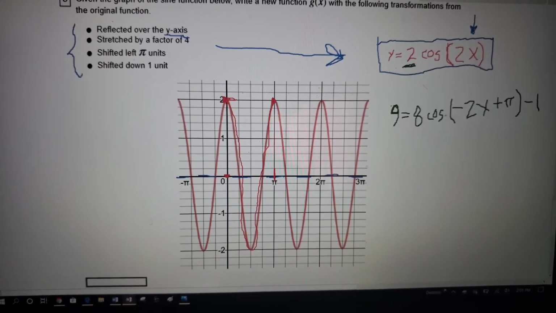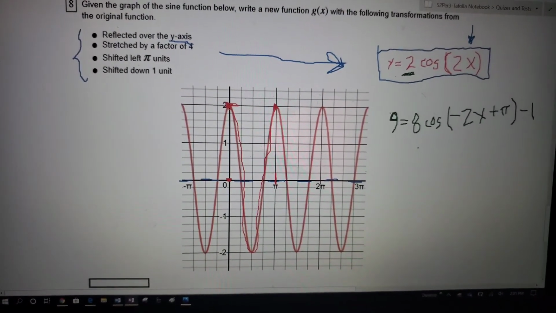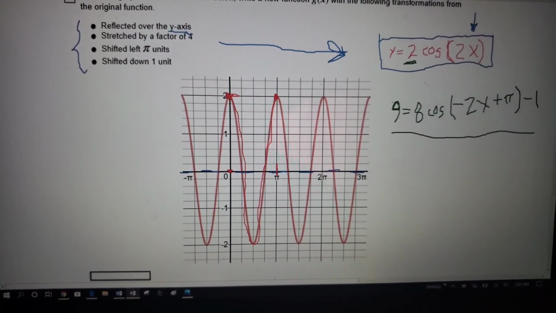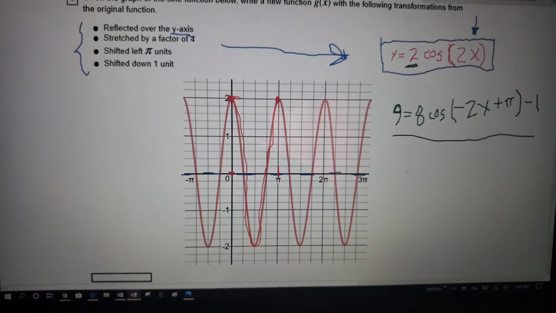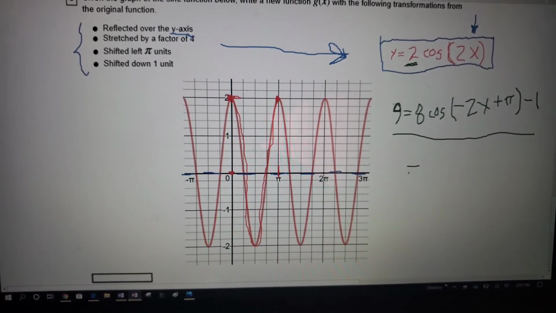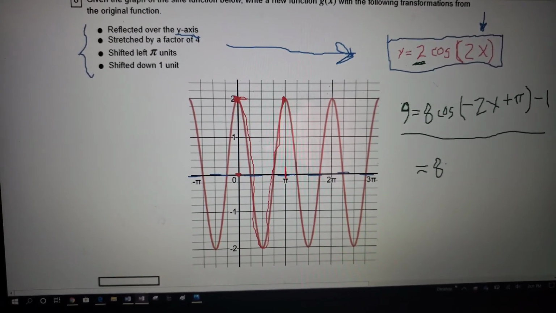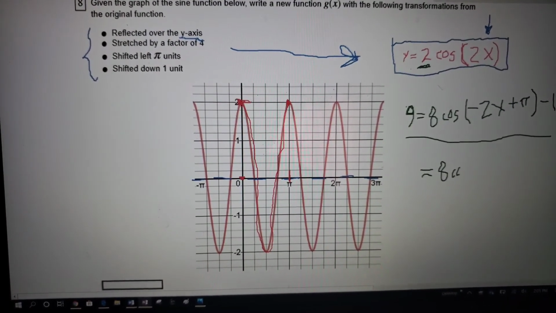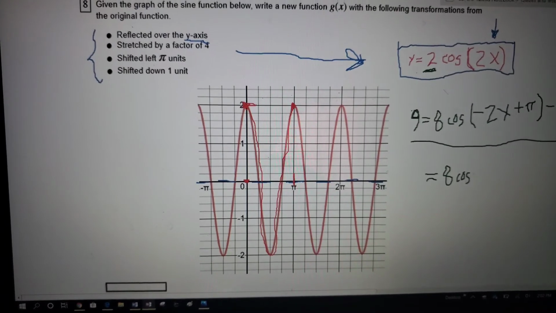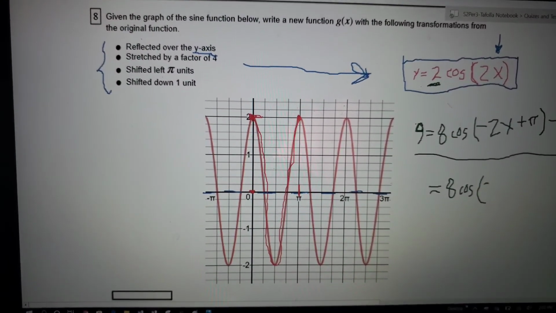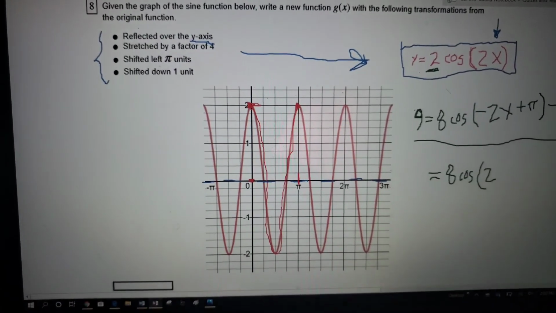Now I'm going to rewrite this because right now there's something wrong with it. It's just the way that I ordered it, it's wrong, but it has a simple fix. So g equals 8 cosine. Now here's where the change occurs. The 2 is the b.